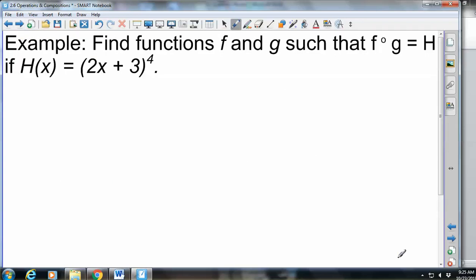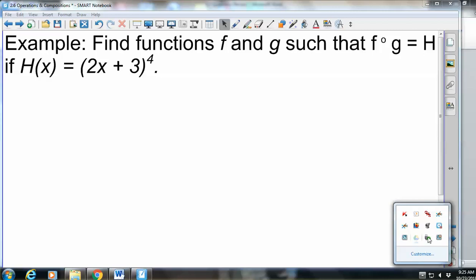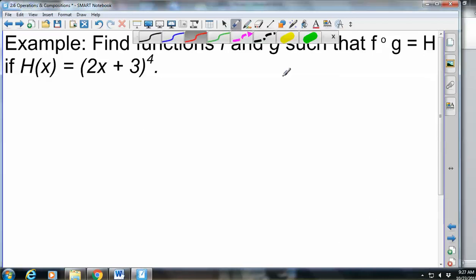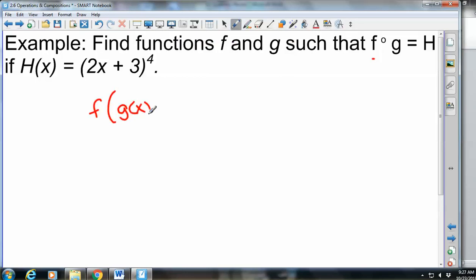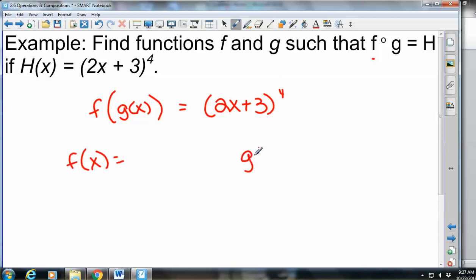Why don't you guys try this one? So we had to work backwards here. So our functions have f composed with g, so that's f of g of x equals the 2x plus 3 to the 4th. So we had to find the original two functions.